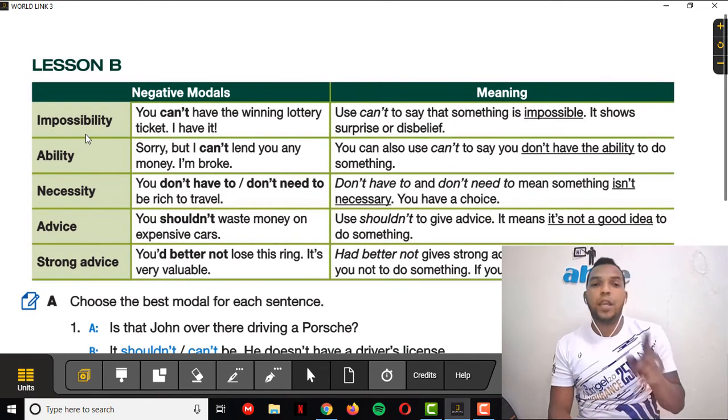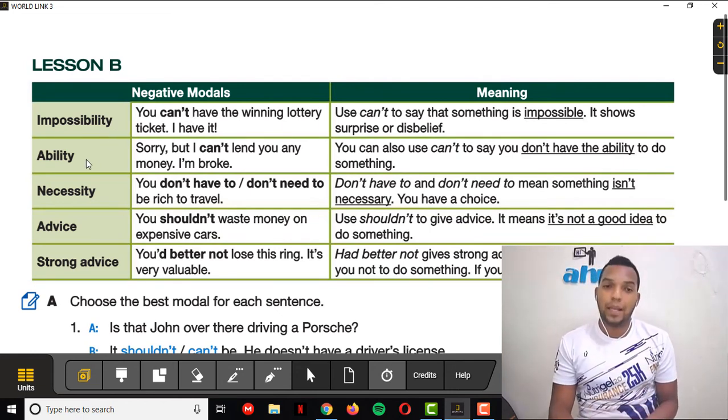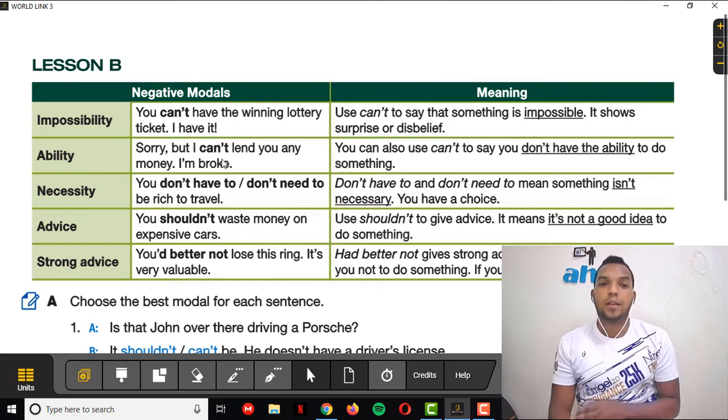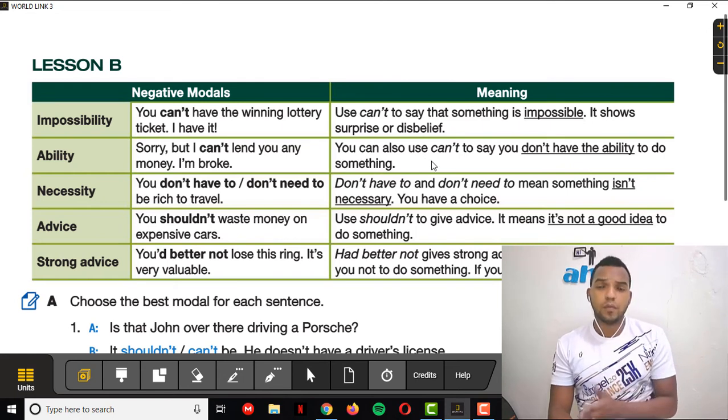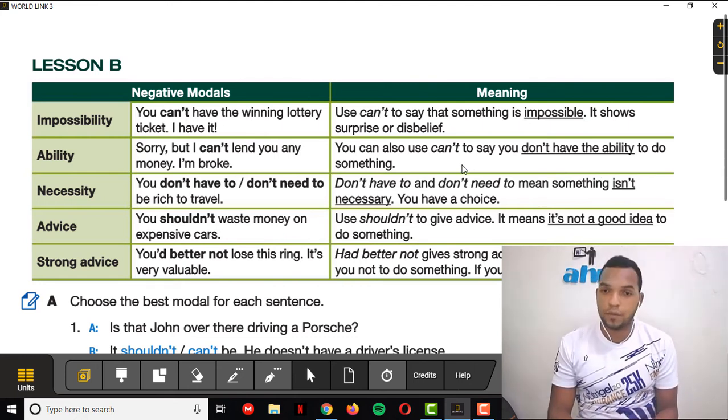So for impossibilities, I have to use can't. For ability, you need to use can't also. So this is what they say. You can use also can't to say that you don't have the ability to do something, or to say that something is impossible for you.